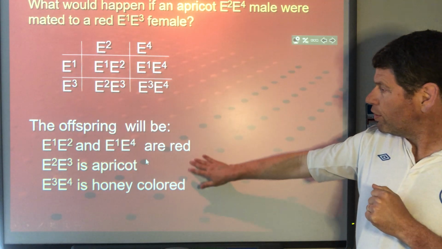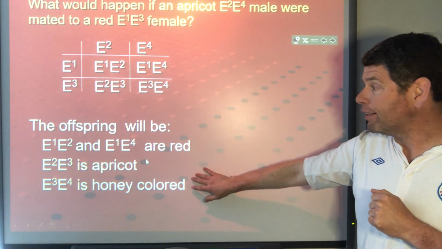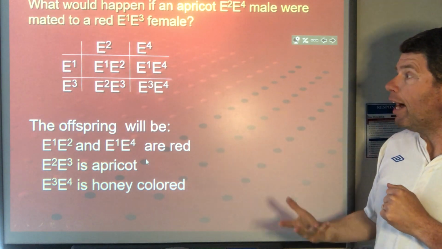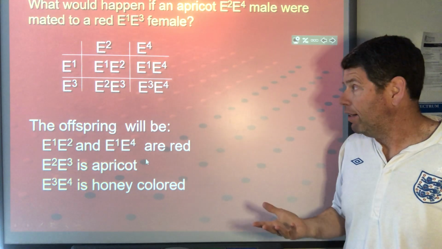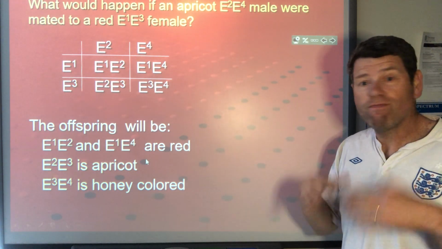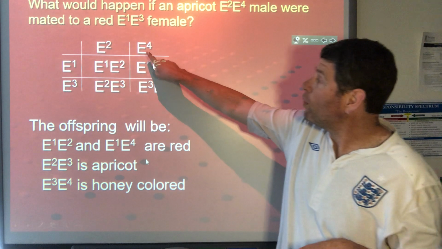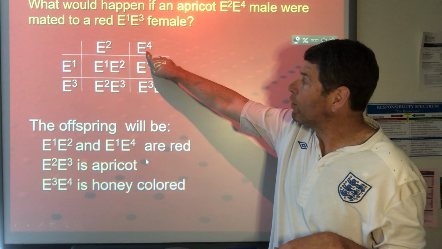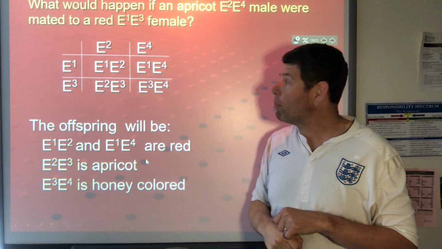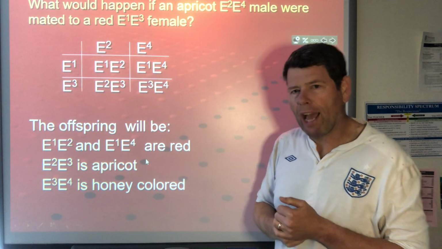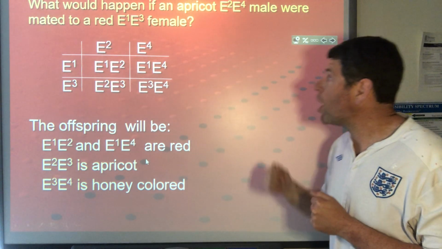So there's what we expect in the offspring. Now, could we ever have a white-eyed fly from this pairing? No, right? Because although there is the white allele there, there's no white allele in the other parent. So for example, we would never expect to get white-eyed flies from this crossing.